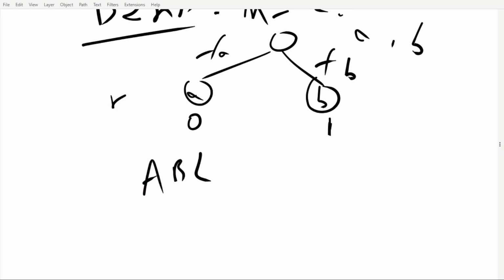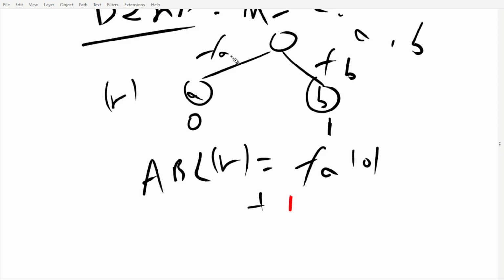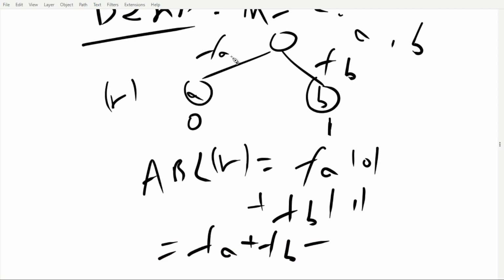For this encoding gamma, it is FA multiplied by length of 0 plus FB multiplied by length of 1, which is FA plus FB, and we know that FA plus FB is 1. So the average bit length we get is 1. And less than this is not possible because if we make any further changes, we have to increase the length of the code of either A or B.